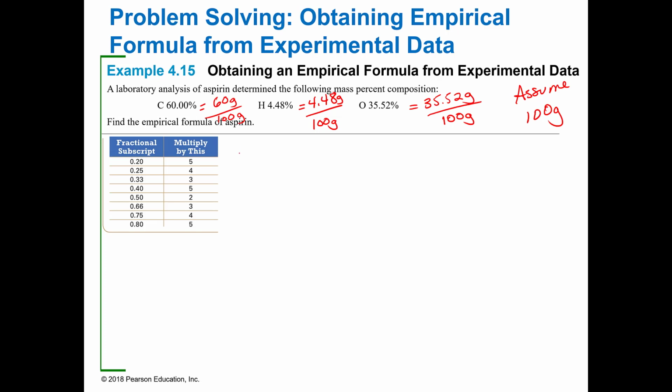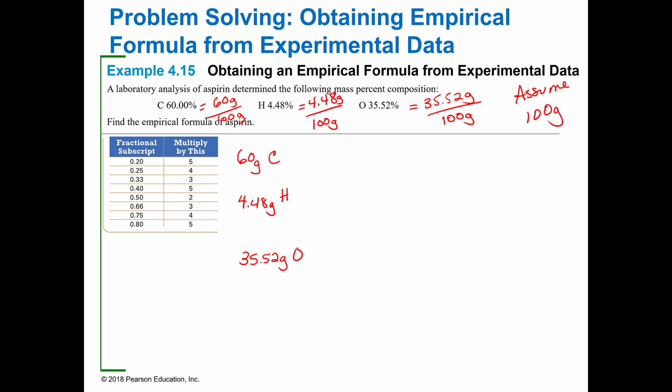So I have 60 grams of carbon, and I have 4.48 grams of hydrogen, and I have 35.52 grams of oxygen.